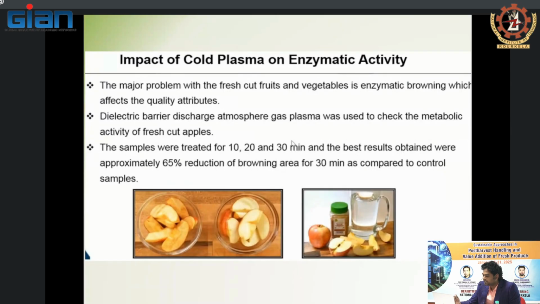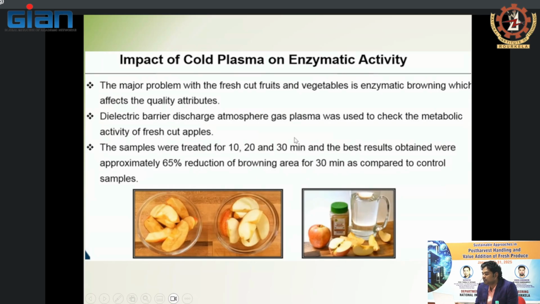So, the impact of cold plasma on enzymatic activity. There are a lot of studies which show the effect of plasma in controlling enzymatic activity. You can see when you expose a sample of cut apple for 10 minutes, 20 minutes, 30 minutes, there is approximately 65% reduction of browning area for 35 minutes as compared to control samples.